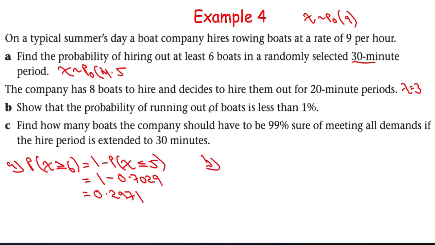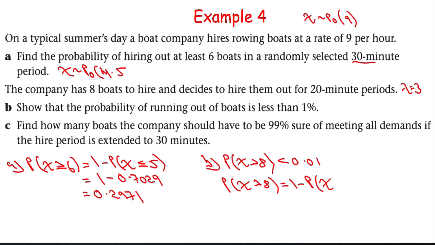Show that the probability of running out of boats is less than 1%. So I need to show that the probability that x is bigger than 8, because they've only got 8 boats, must be less than 1%, 0.01. Well, the probability that x is bigger than 8 is going to be the same as 1 minus the probability that x is less than or equal to 8.